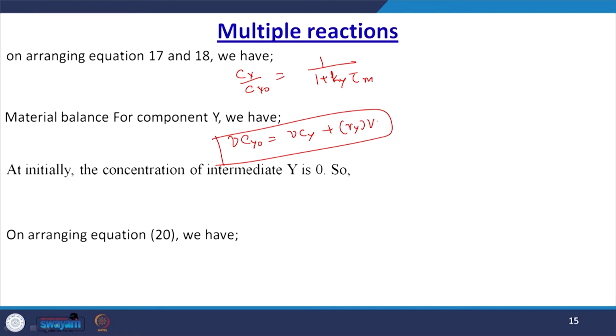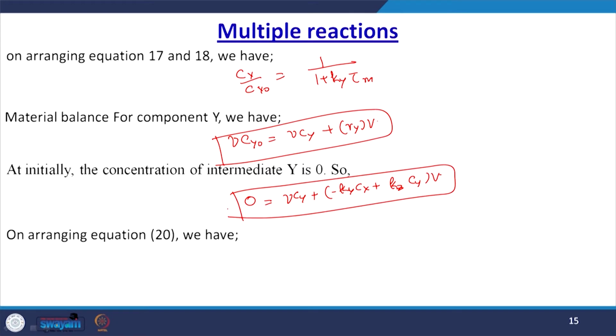Initially the concentration of intermediate Y is 0, because at time t equal to 0, and when the reaction proceeds it acquires some values. So, in that case we can put 0 is equal to nu Cy plus minus Ky Cx plus Kz Cy V. This is referred to as equation number 20.